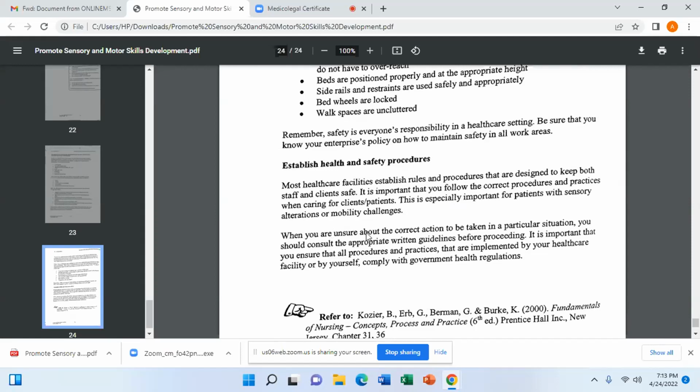When you are unsure about the correct actions to be taken in a particular situation, you should consult the appropriate written guidelines before proceeding. It is important that you ensure that all procedures and practices that are implemented by your healthcare facility or by yourself comply with government health regulations.